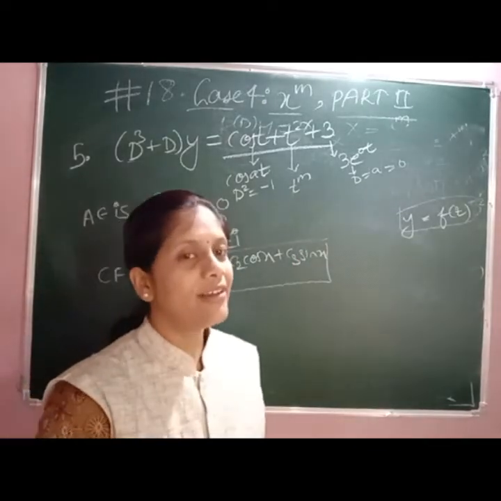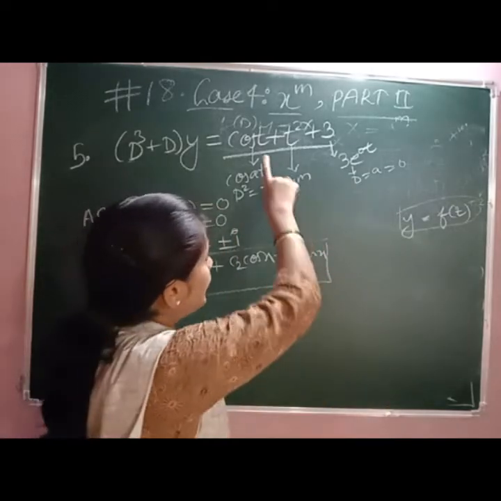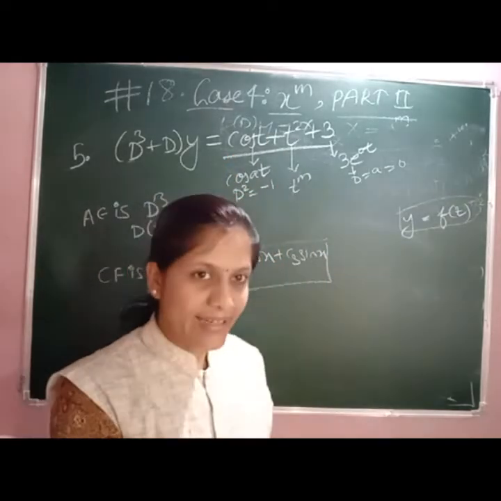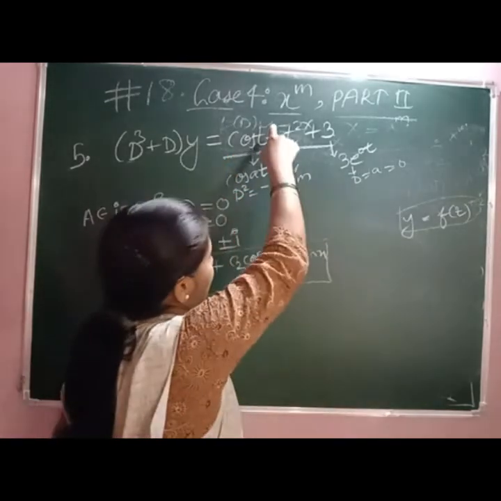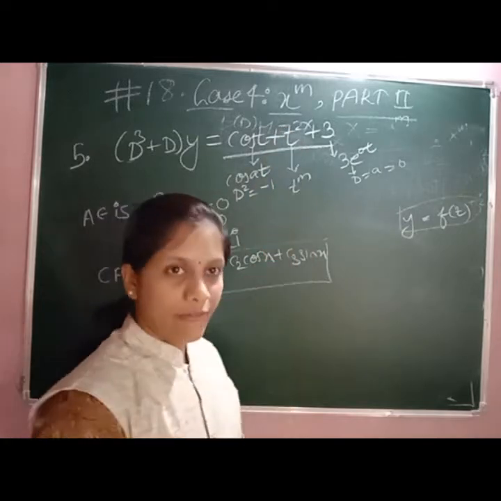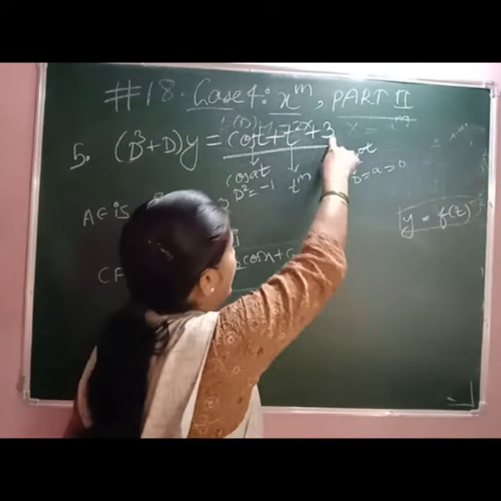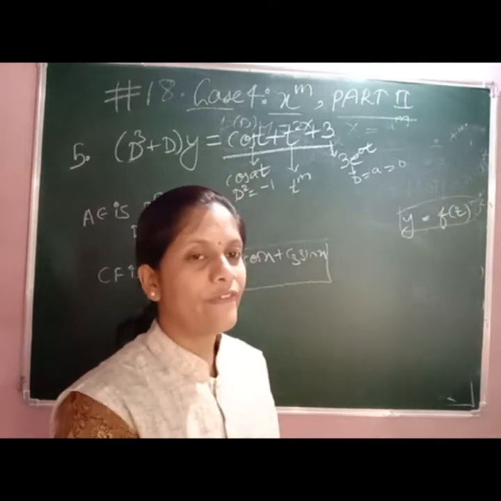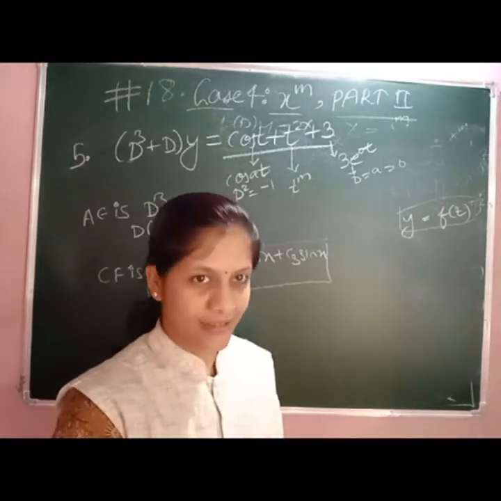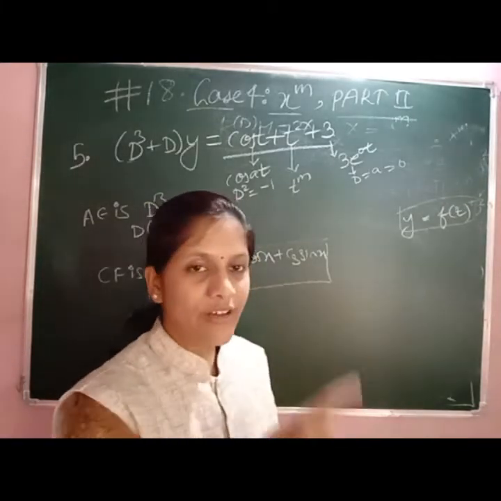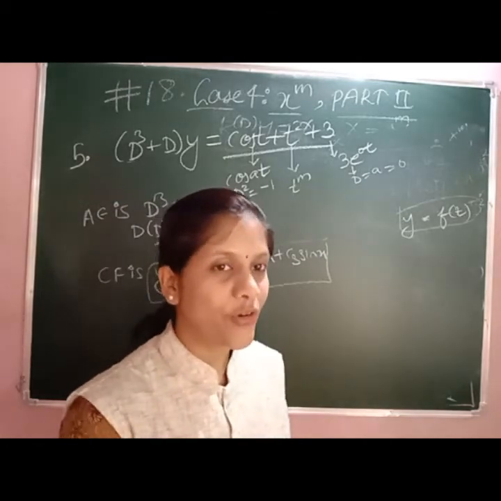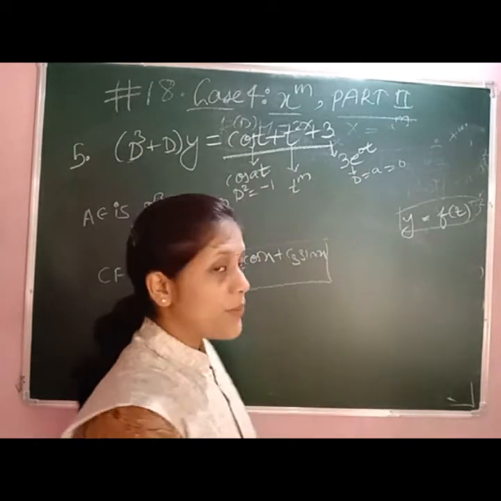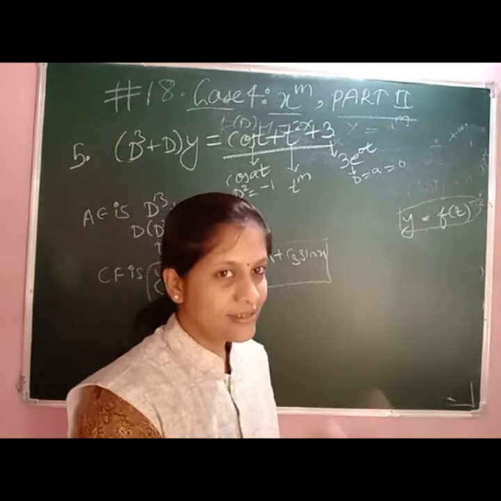Now let us find our PI. If you want, you can do it directly, or we can consider a first part, second part and third part, and then the total PI will be the first part plus the second part plus the third part. Because in our book we do not have more space, we can take it as first part, second part and third part.